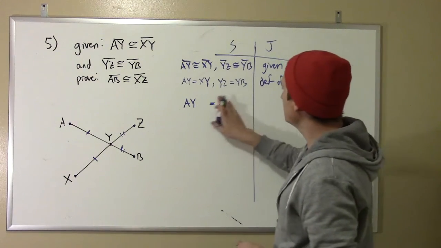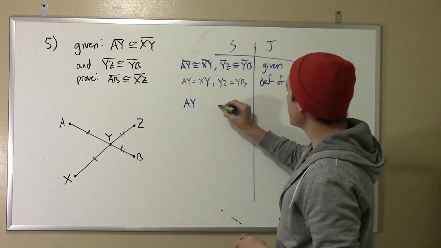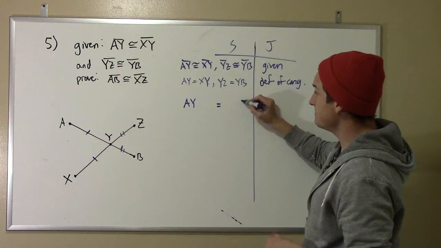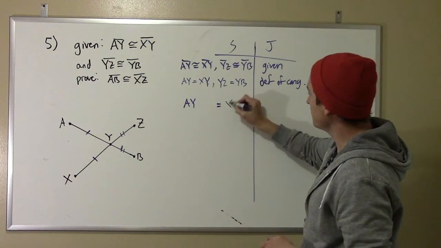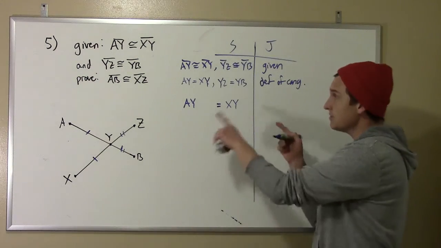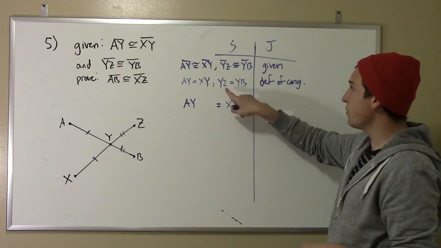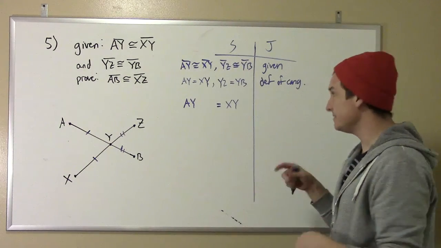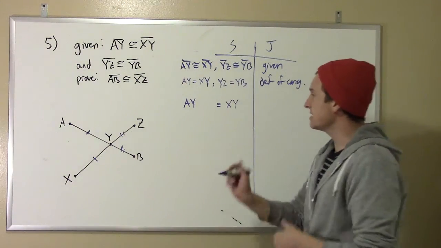So this is our equal statement right here, AY equals XY. On both sides, what we're going to add is YZ. Now, it may not be immediately obvious why we're going to do that, but just hang in there with me, it'll make sense in a second.